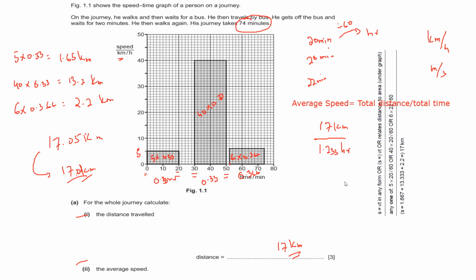That will give us the average speed. So the final answer is 13.78 kilometers per hour. If you round off, because the number is bigger than 5, it will come out as 13.8 kilometers per hour.